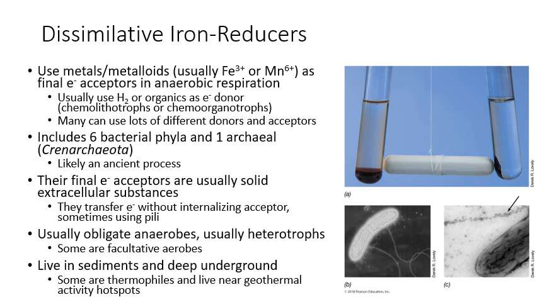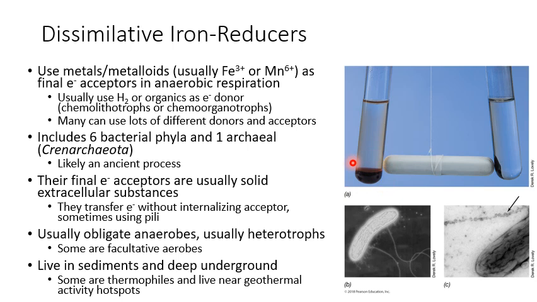So in these images, on the first one, you can see the results of an assay for iron-reducing bacteria. You would add the iron reducers to a tube containing this substrate for them to grow on and use as an electron acceptor, which would be iron, but it's bound up in other compounds. So it's an iron compound, not pure iron.